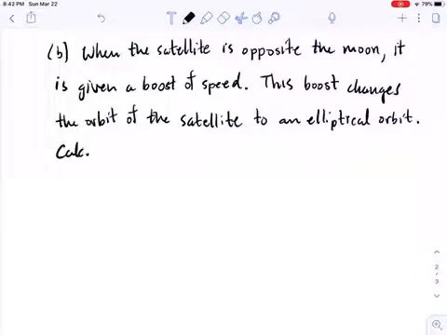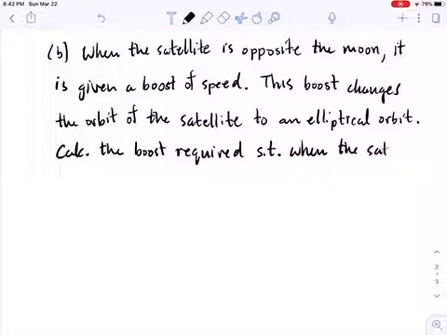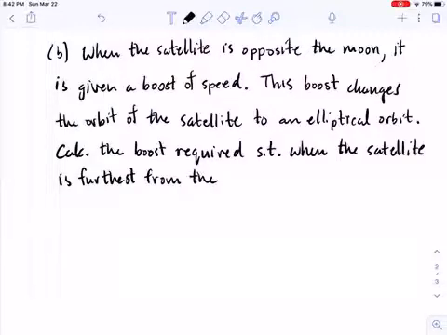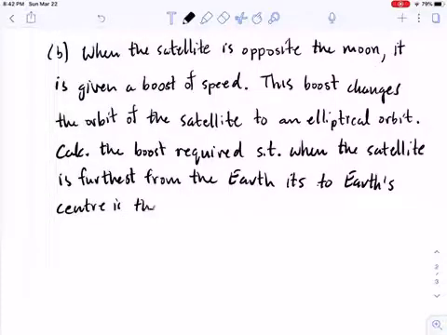So calculate the boost required such that when the satellite is furthest from the Earth, its distance to Earth's center is the Earth-Moon distance.